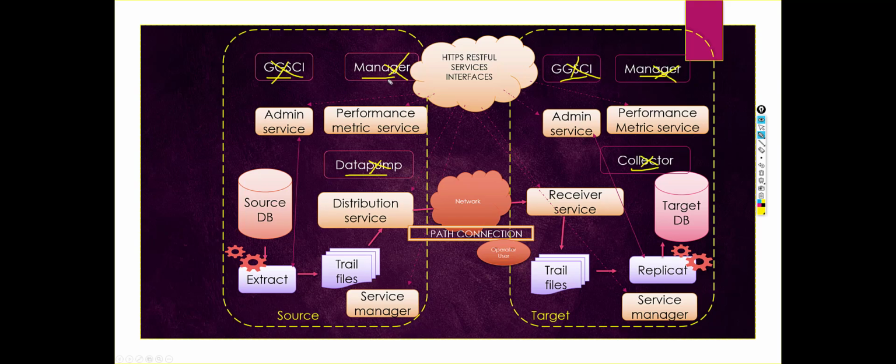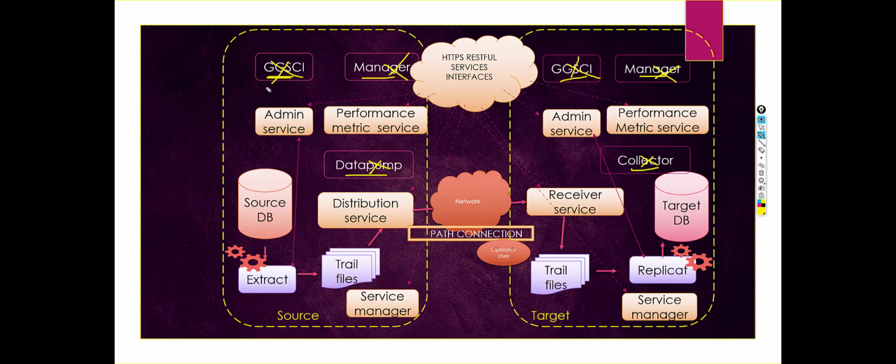So what is GGSCI? GGSCI is a command line tool where we do all the administration tasks, like adding extract, adding replicat, adding trail path, managing the credential store, managing the user ID alias, and a lot of other activities that we did using GGSCI in the older GoldenGate versions.